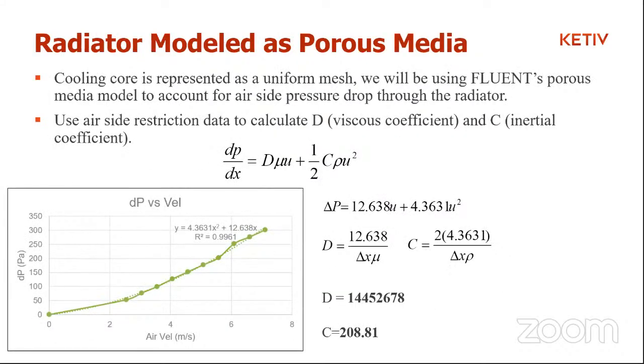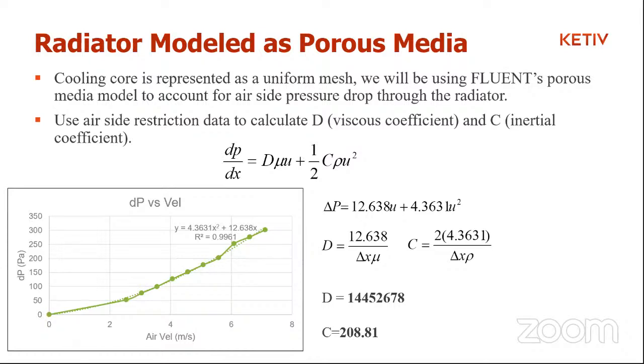Now, the other thing that we have to keep in mind is that as air is passing through this radiator, and there is a primary direction in which air is passing, we have to model the cooling core as a pressure restriction zone. Why? Because this radiator has a complex geometry, your air flow is going to experience a pressure drop at a certain velocity.